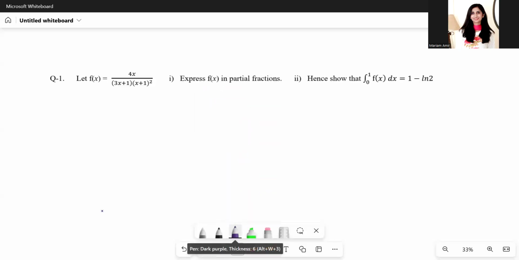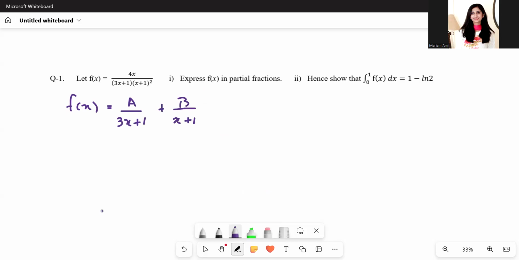Question number 1. Let f(x) equals 4x upon (3x plus 1) times (x plus 1) whole square. Express f(x) in partial fractions. So we'll have f(x) equals A upon 3x plus 1 plus B upon x plus 1 plus C upon (x plus 1) whole square.